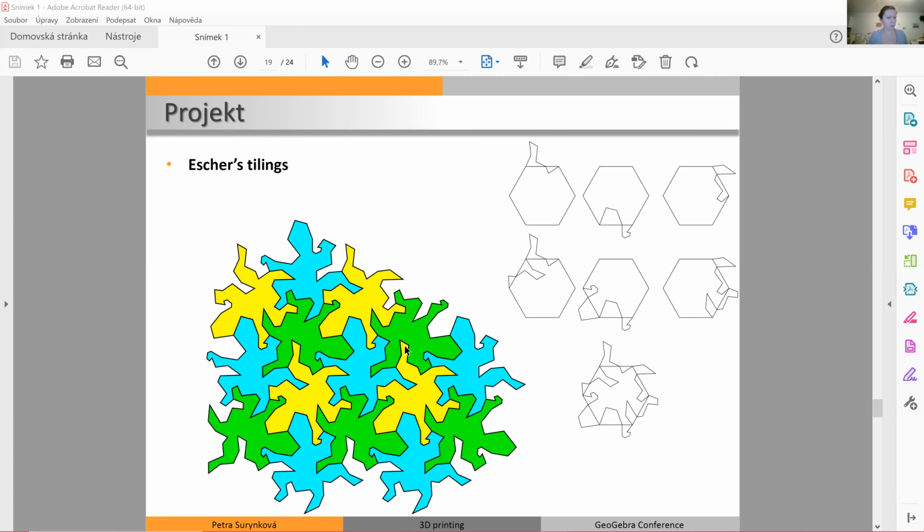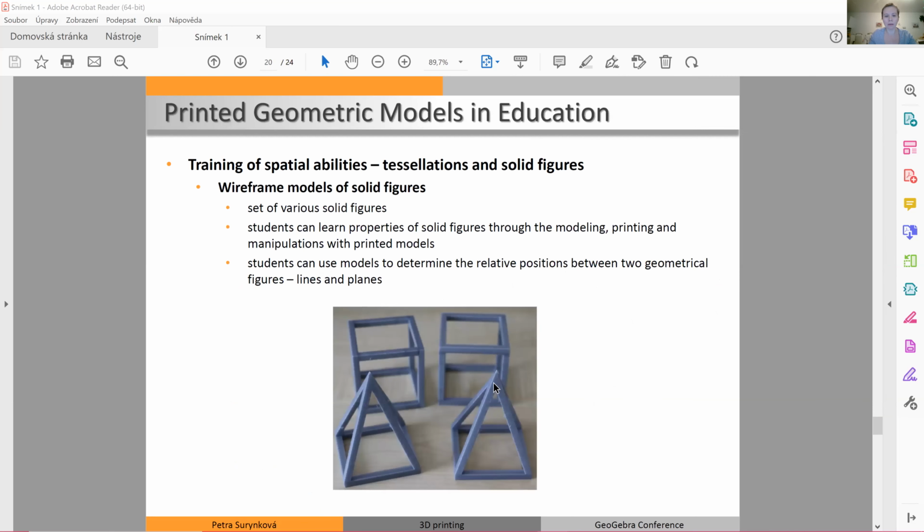If the 3D model has some thickness, of course, it cannot be just in the plane. We are just printing solid figures, because it has to have some thickness. And the second part of the project was these wireframe models, pyramids, as you can see here. And this is a cube, a model of a cube.